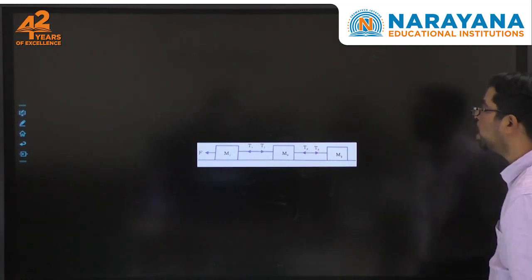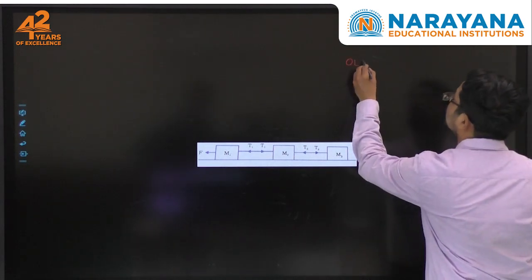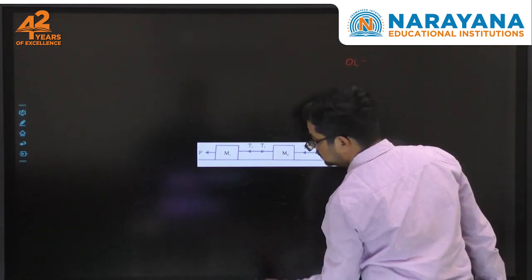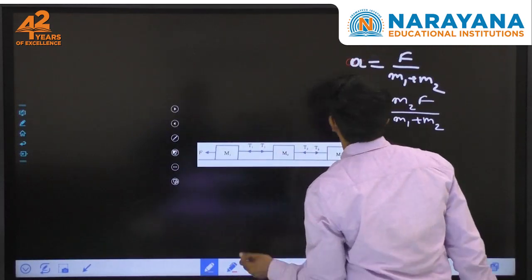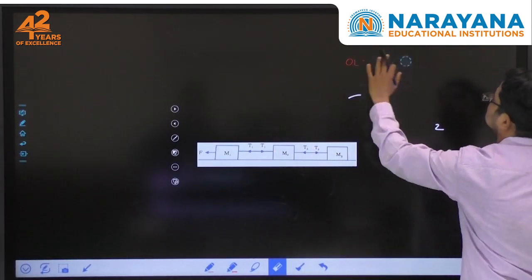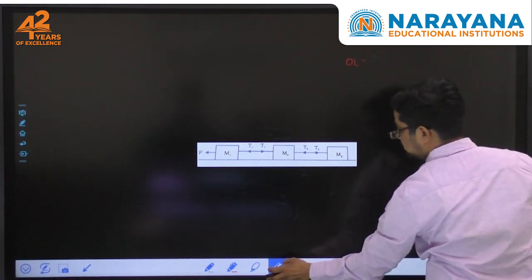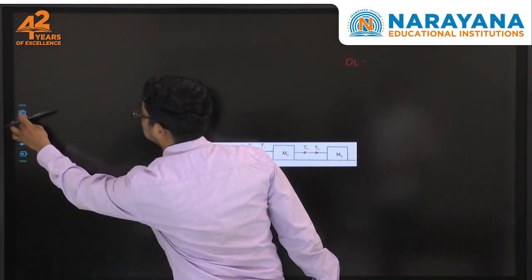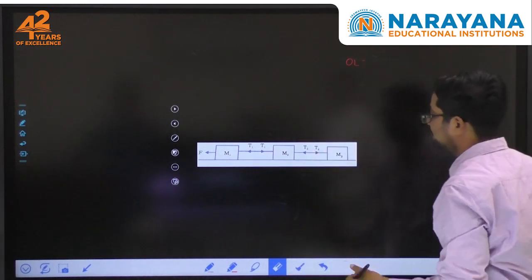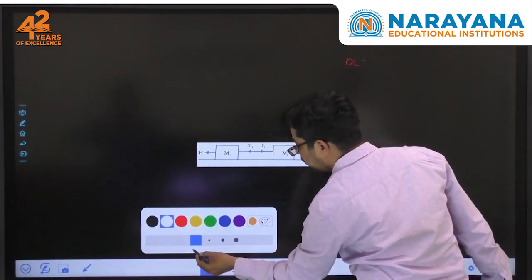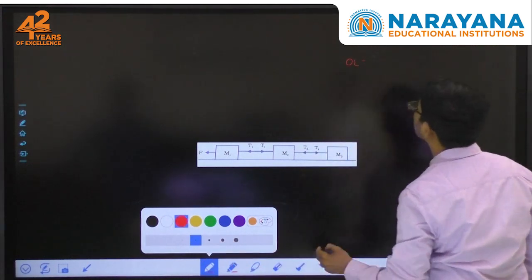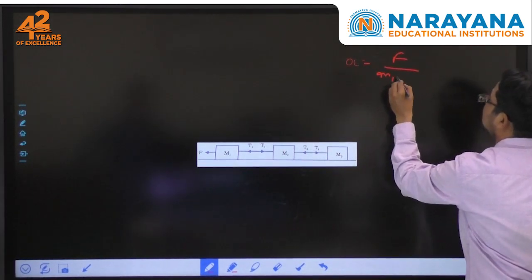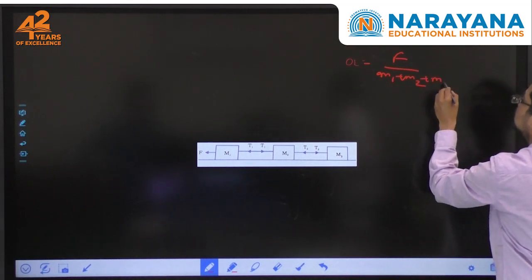First we should find the value of acceleration. a is equal to, here we get total force F by the total mass, that is m1 plus m2 plus m3.